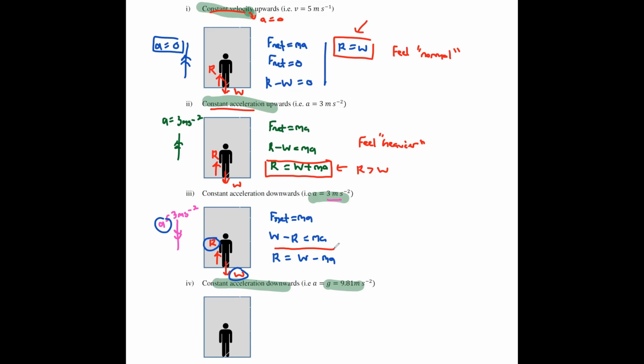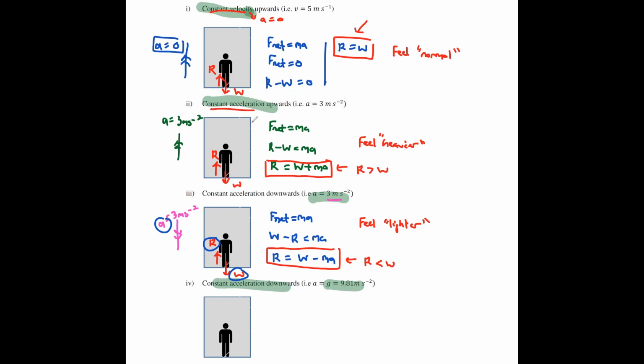So you notice R is the weight minus ma. Obviously, your R is going to be less than W, so in this case you actually feel lighter. That's the reason why you feel heavier and lighter in both cases for the elevator when it's moving up and when it's moving down.